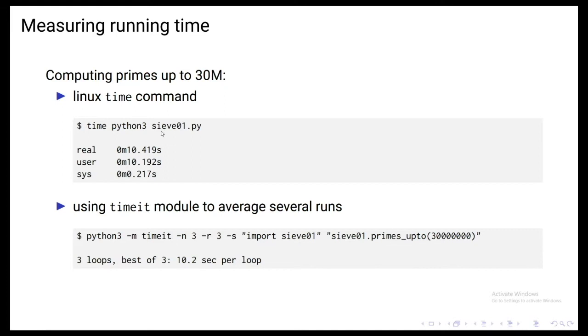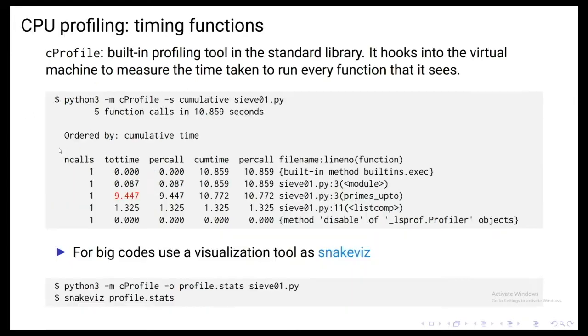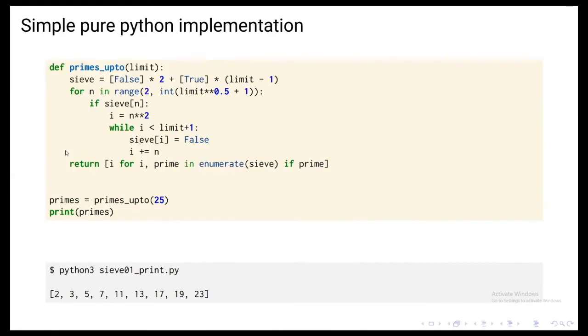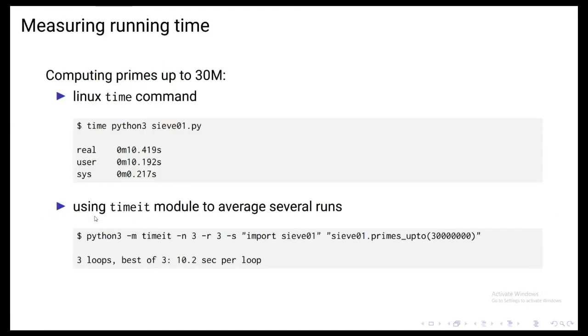In this case, the little script I'm running is the same as before, but I'm hard coding 30 million here, and I'm avoiding the print, because I would have a flood of output on the screen if I printed all the primes up to 30 million.